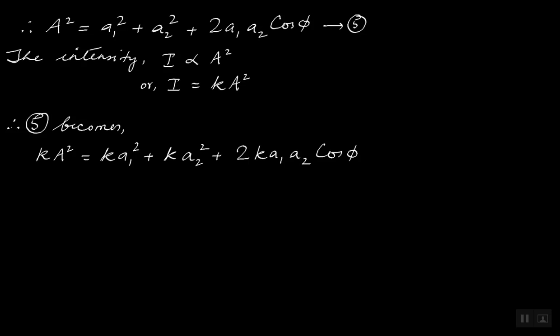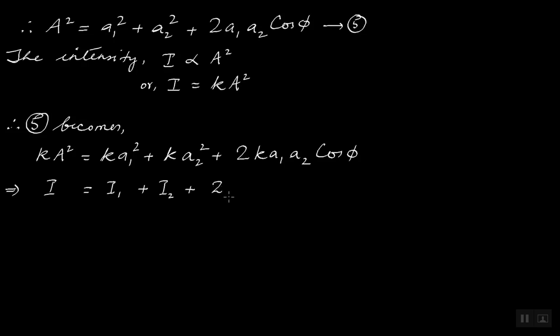Got it? So this implies, what is k a square? This is nothing but I. And what is k a1 square? That is nothing but I1, the intensity due to the first wave. k a2 square, that is nothing but I2, the intensity due to the second wave.